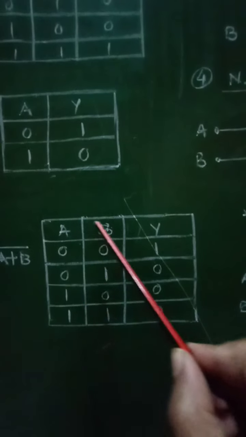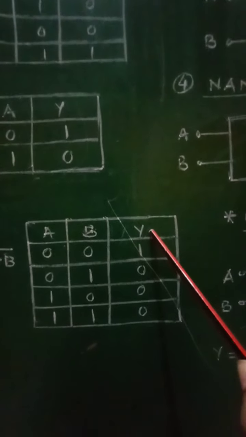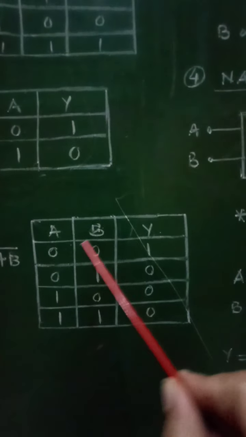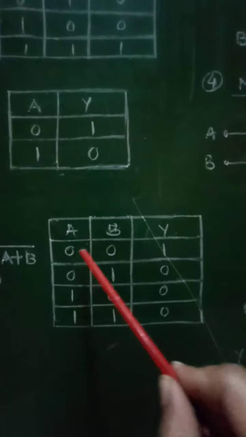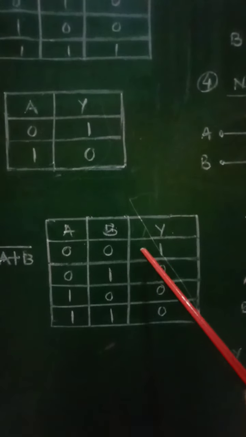Again, if you consider the truth table, it will have input A, input B, and output y equals (A plus B) bar. Then inputs will be 00, 01, 10 and 11. When 00 is there, 0 plus 0 will be 0 and its inverted output will be 1.